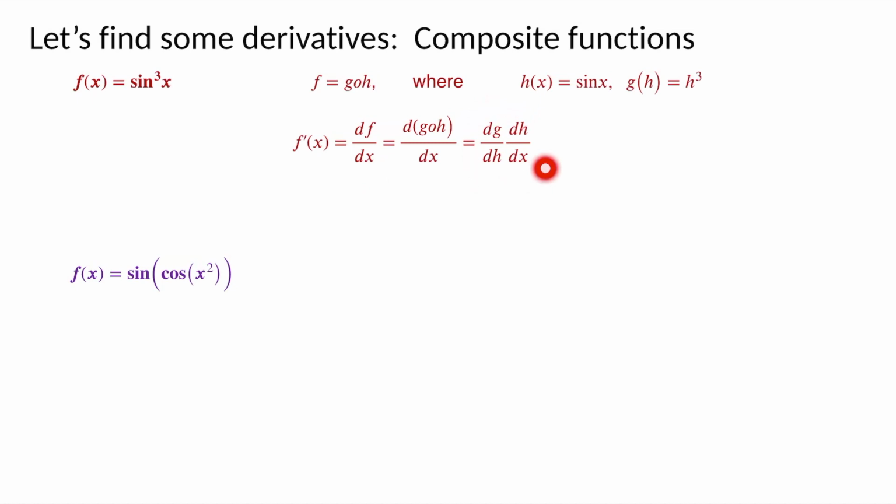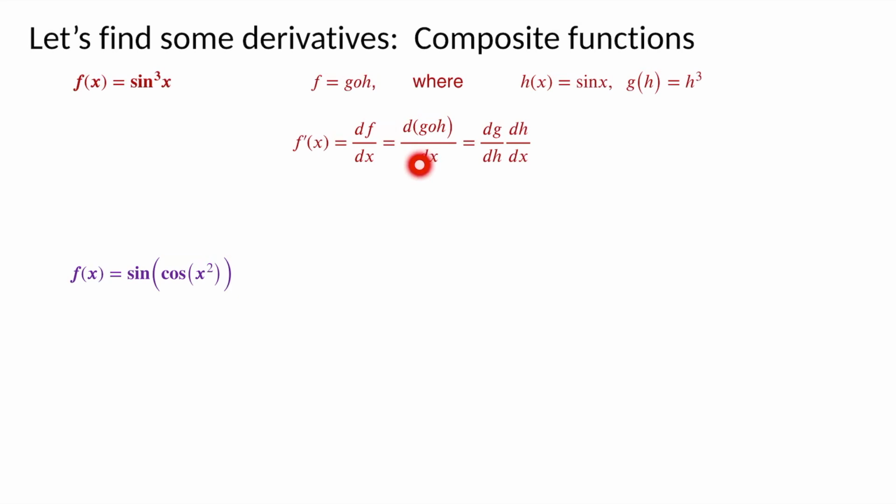The first one is dg by dh, so you take the derivative of g with respect to h and then multiply it by dh by dx. Take the derivative of h with respect to x. So you can see here that the dh gets cancelled in the numerator and denominator, and what you are left with is dg by dx, which is what we wanted.